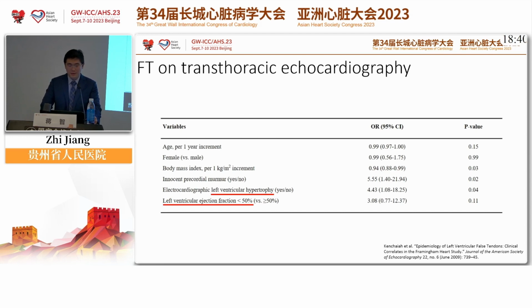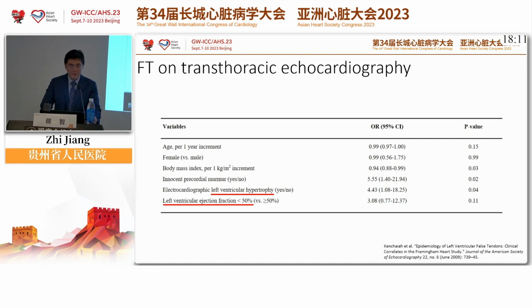The Framingham study has summarized the odds ratio of identifying false tendons by transthoracic echocardiography. As we can see from the table, LV hypertrophy and reduced ejection fraction were associated with a higher incidence of false tendon on the echocardiography. However, the false tendon was not associated with total mortality in the population.